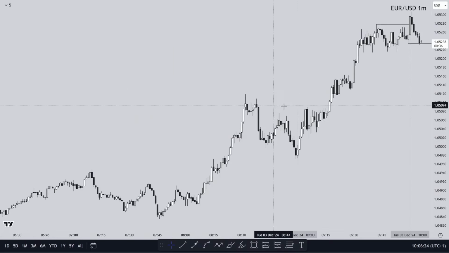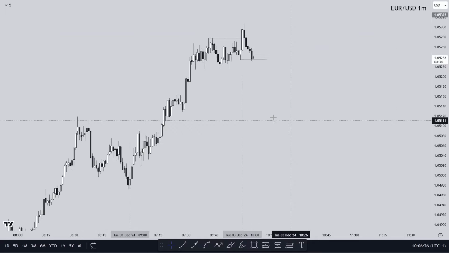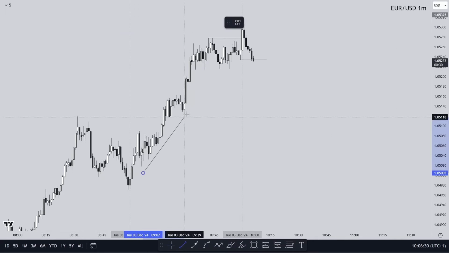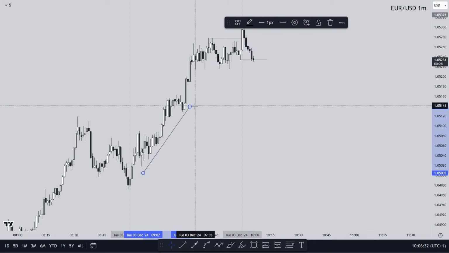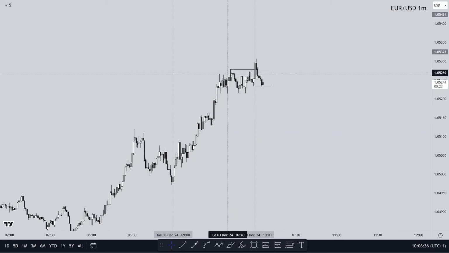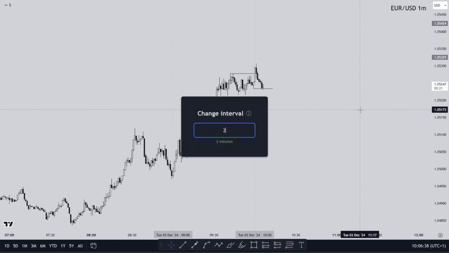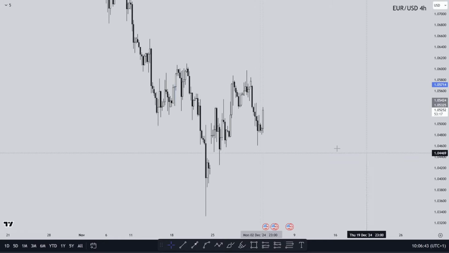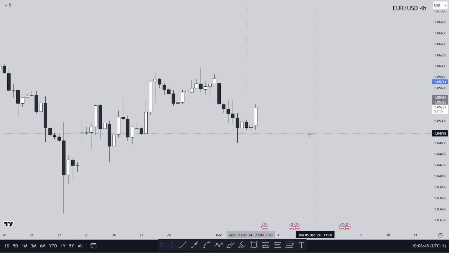As you can see, today, on the other hand, in my opinion, liquidity stays below all this level, all this minimum. So, even if I had a bullish bias, especially because on the 4-hour chart I see bullishness.